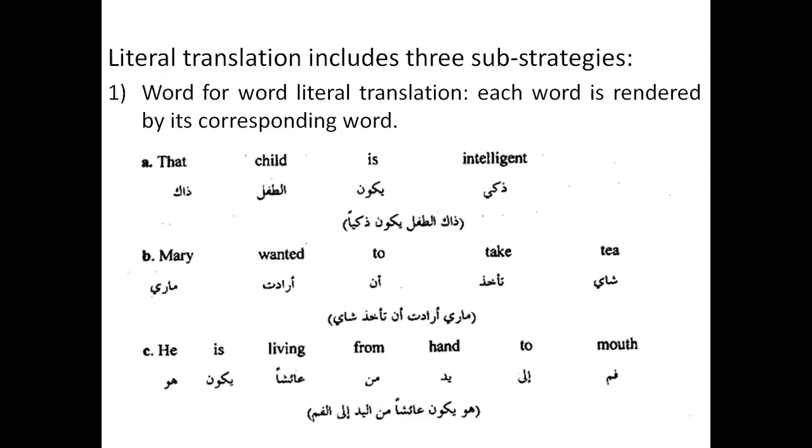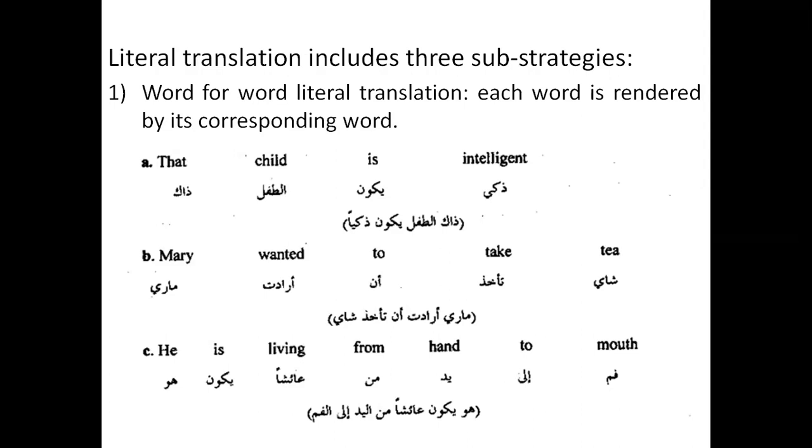Now, let us start with literal translation. Literal translation includes three sub-strategies. The first one is word-for-word literal translation, as its name suggests. It deals with the text at the word level. For example, that child is intelligent.